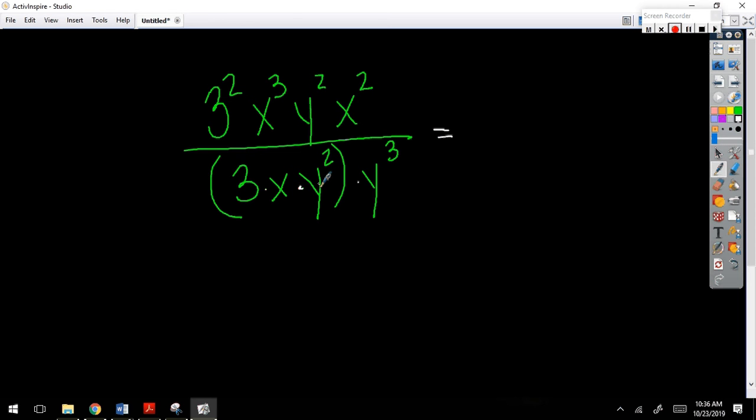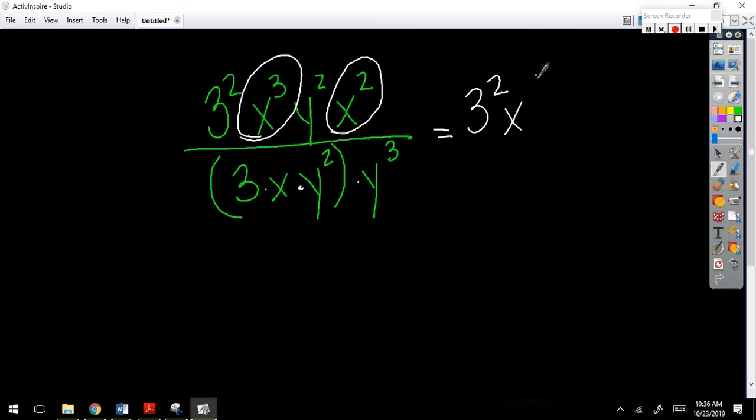So, tell me what you think I can do. Add the 3 and 2 on the x. Look up top, exactly. Look at what has the same base, and go ahead and get those together. 3 plus 2 on x, what does this become? And what happens on the bottom? What's it look like?